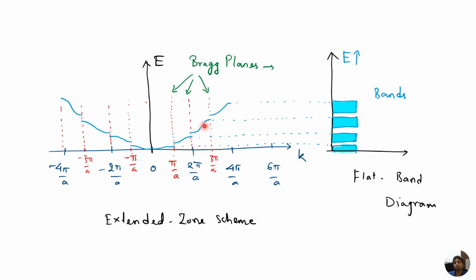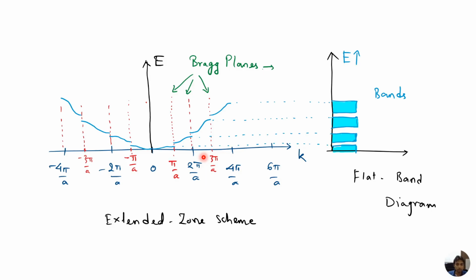From this upper limit to this lower limit you have a band, and from this limit to this limit you have another band, that is your fourth band. This type of representation of the energy levels is called the extended zone scheme. The relation between E and k is called the extended zone scheme.